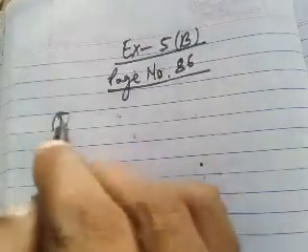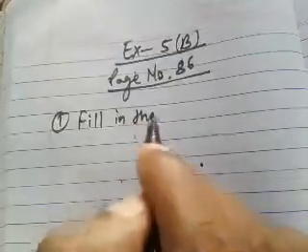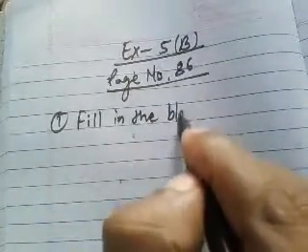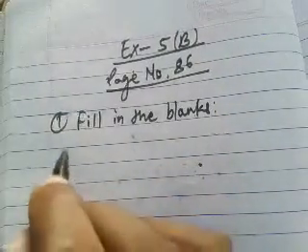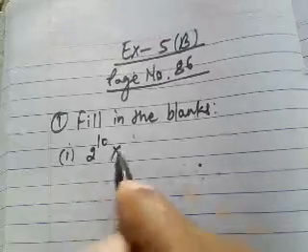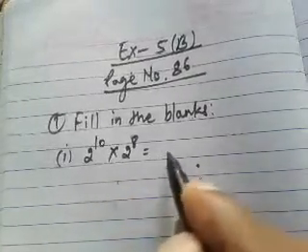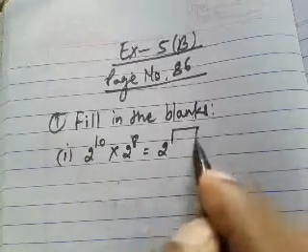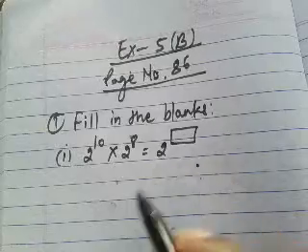The first question is fill in the blanks: 2 raised to the power 10 multiplied by 2 raised to the power 8. We have to fill in what the answer will be here.